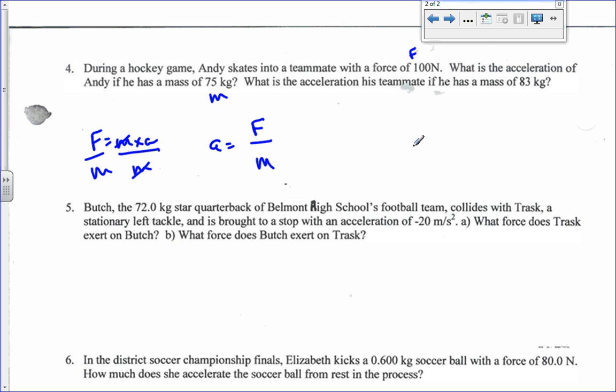What's Newton's third law? Good. For every action, there is an equal and opposite reaction. If Andy collides with 100 newtons, then his teammate is colliding with 100 newtons. So it's the same force.